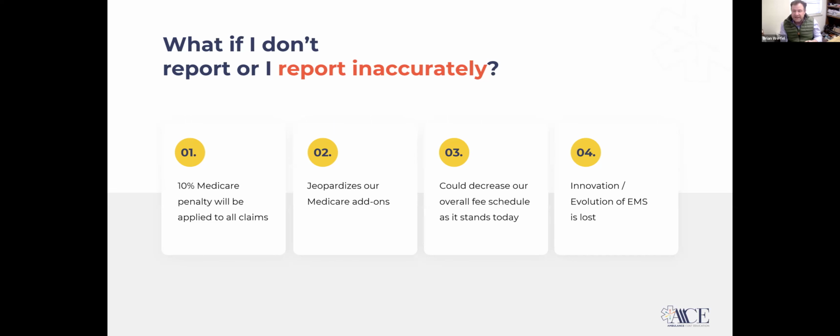It is highly unlikely that they would audit reports for accuracy. There's simply too many ambulance providers out there and not enough time, frankly, to go through those audits. But it could paint a false picture on your financial health.